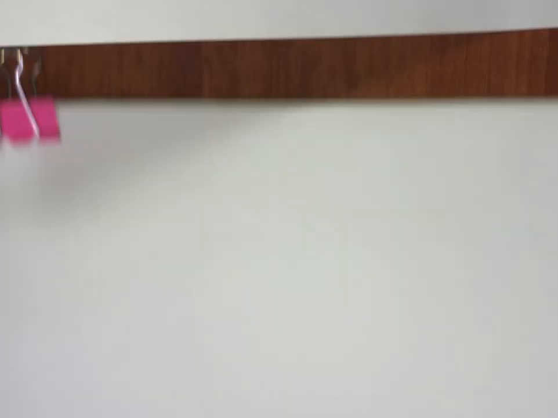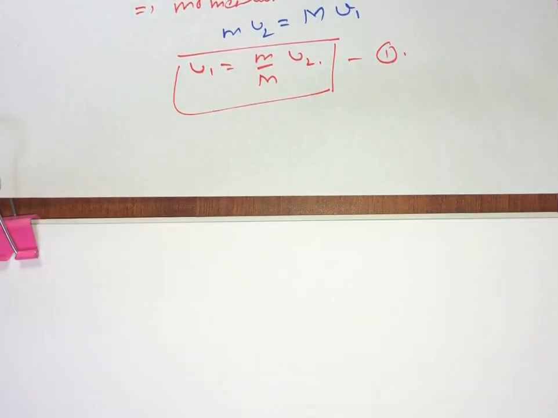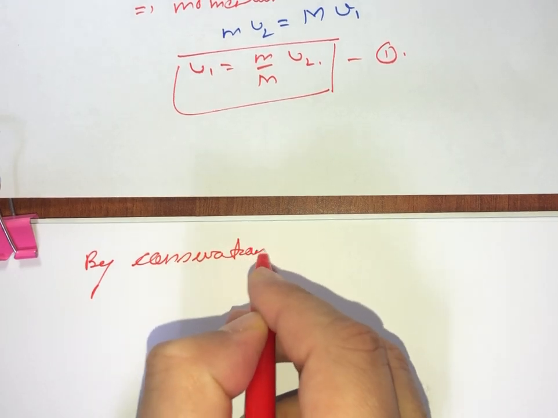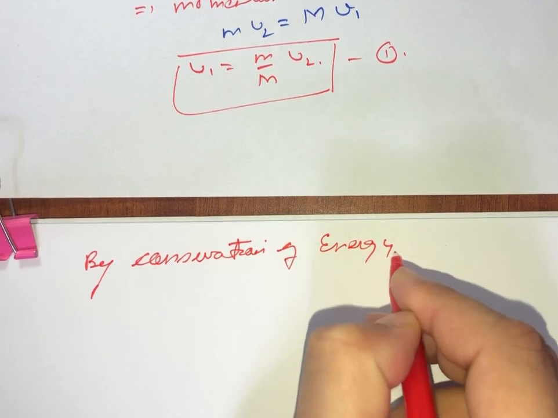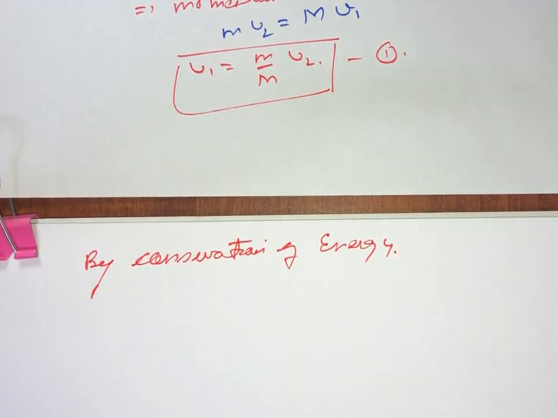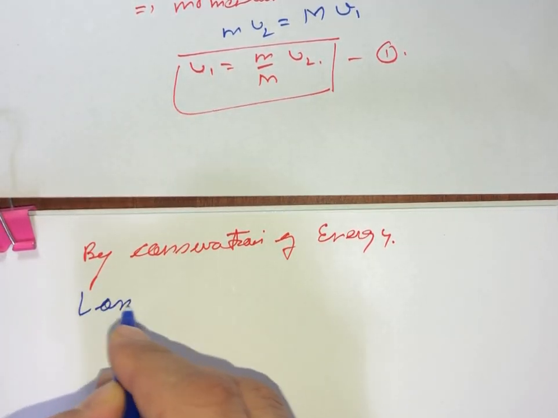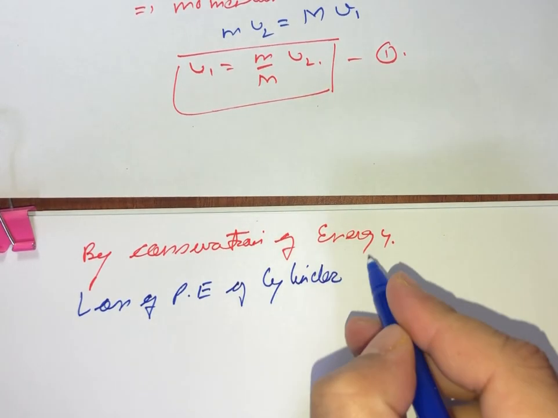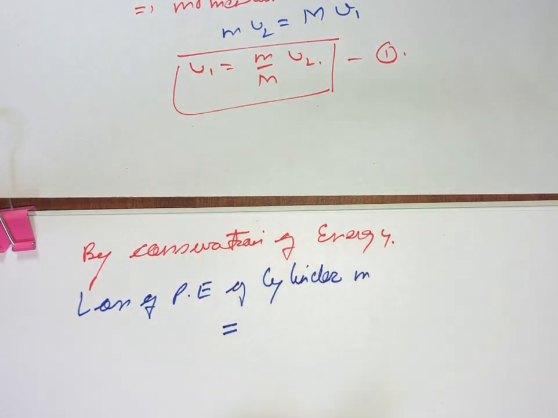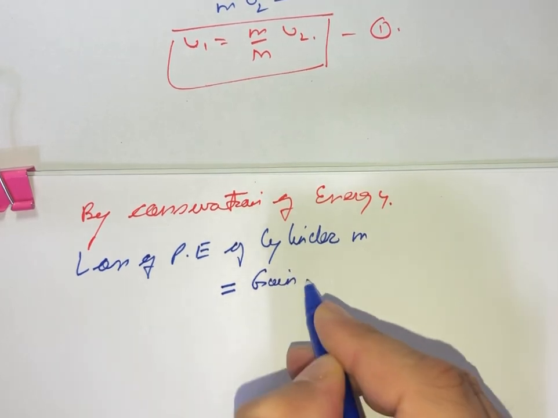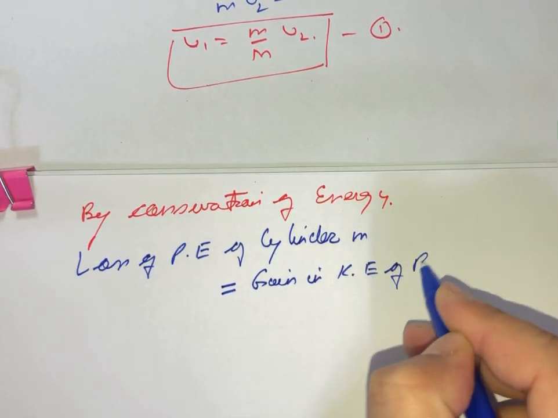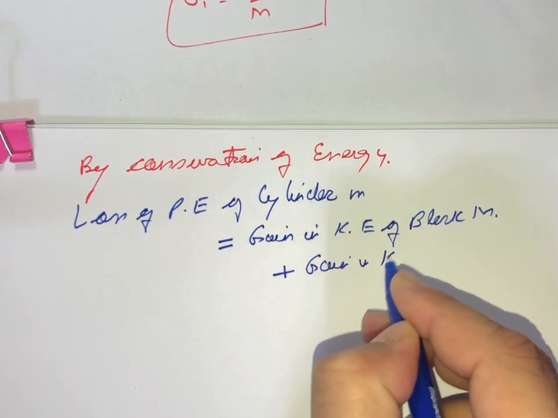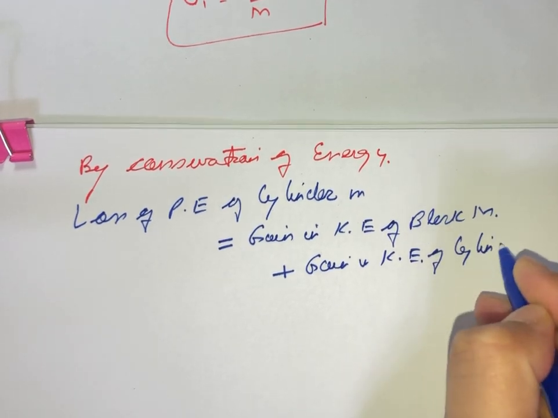Now we can use the conservation of energy. By conservation of energy, the loss of potential energy of the cylinder having mass small m will be equal to the gain in kinetic energy of block capital M plus the gain in kinetic energy of cylinder small m.